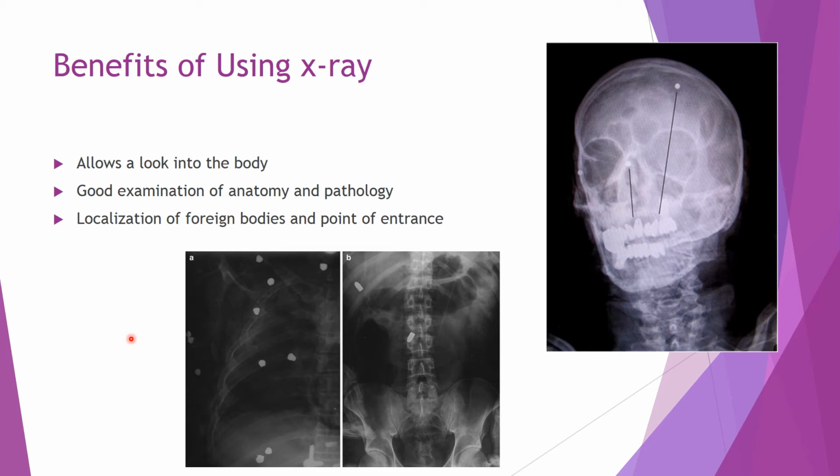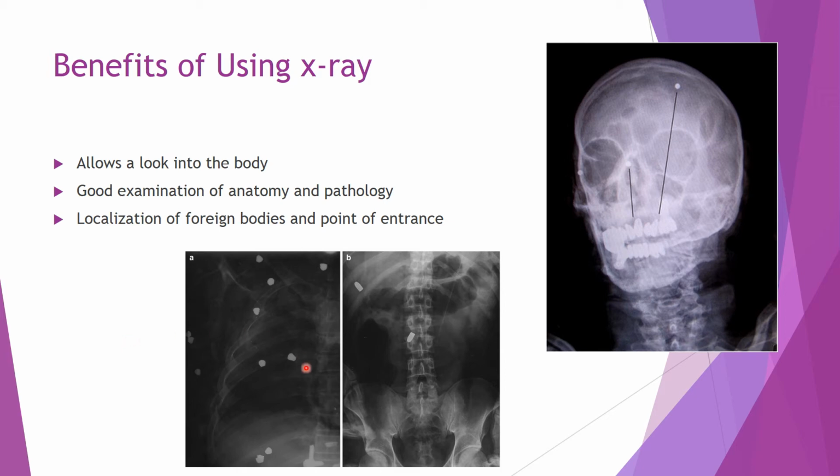The benefit of using x-ray, and this is something that I find most fascinating, is it allows a look into the body before an autopsy occurs, because we all know that autopsies are given on people who died in an uncertain way. And something to think about is that in an autopsy, you don't necessarily open up every single aspect of the body.